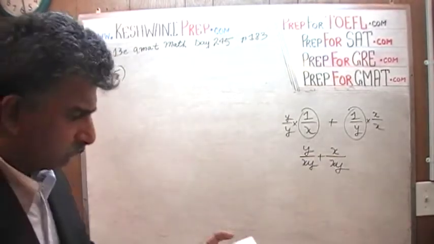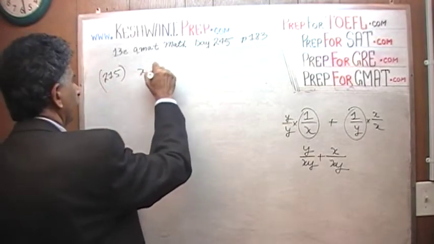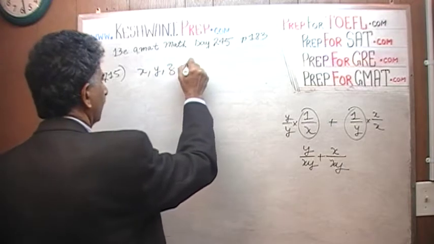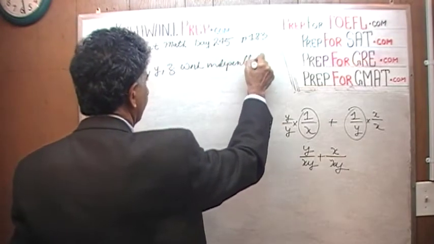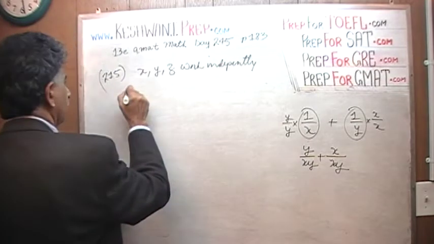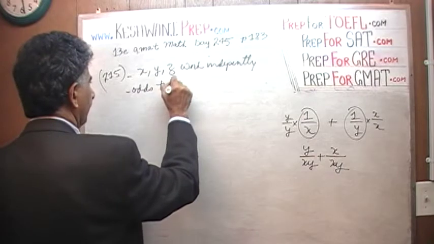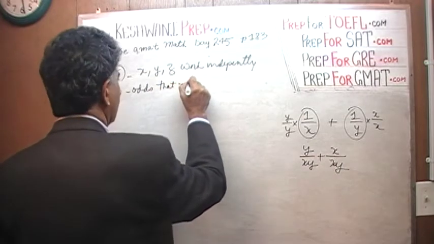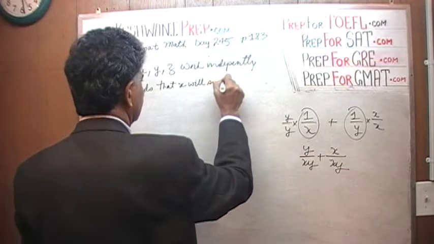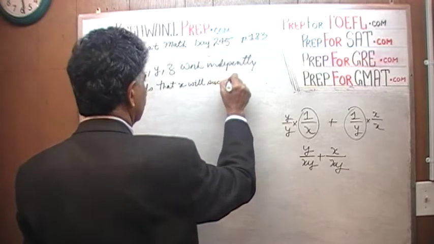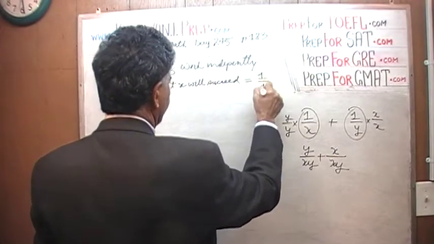We are told that x, y, and z work independently. We are also told that the odds that x will succeed is one quarter.